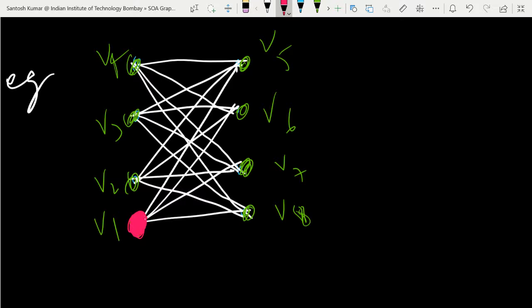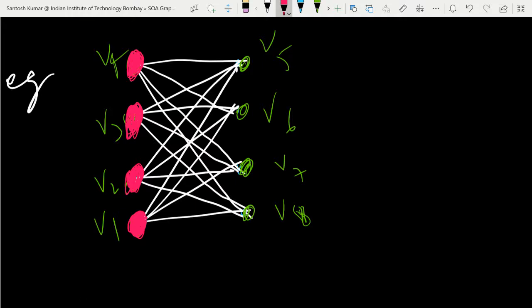This is the algorithm. Can V2 be given the same color or a different one? The same color, since V1 and V2 are not adjacent to each other. So V3 can also be given the same color because V2, V3 are non-adjacent. V4 will also be given the same color because it is non-adjacent.